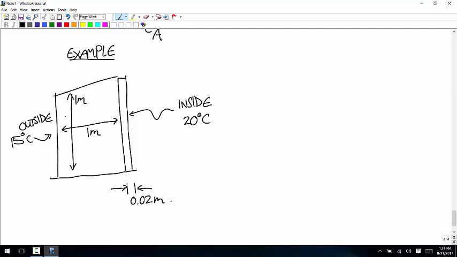If you look up the coefficient of thermal conductivity for glass, it's 1.05 watts per meter Kelvin.